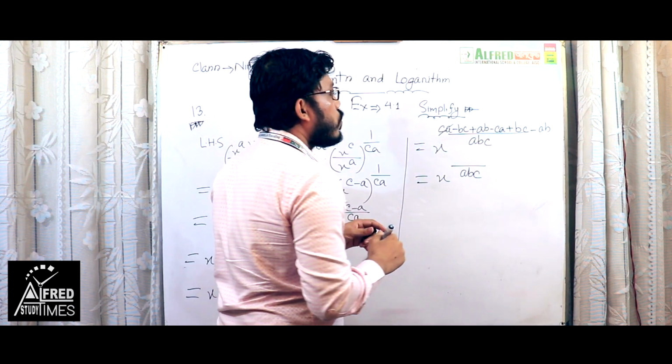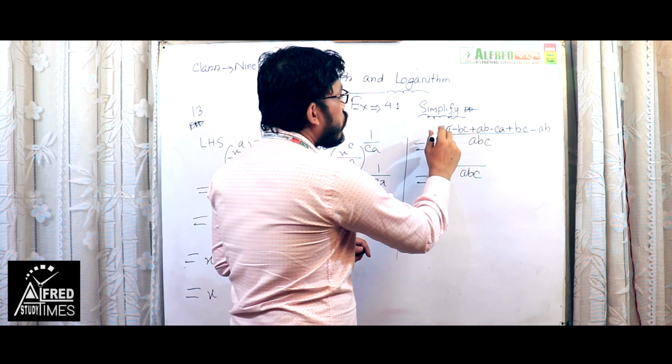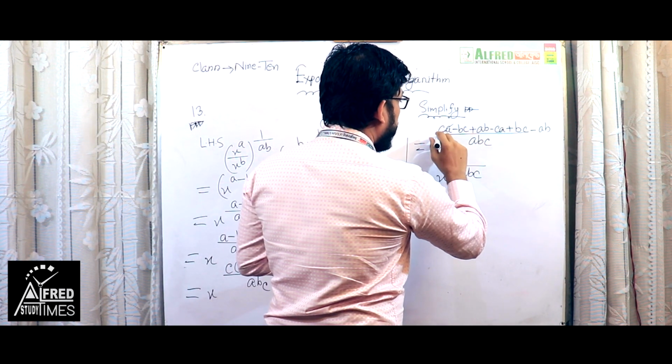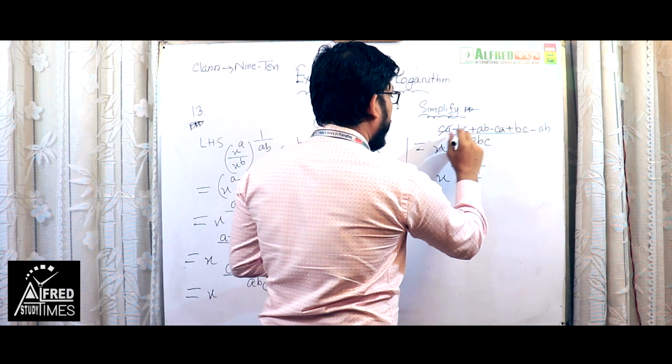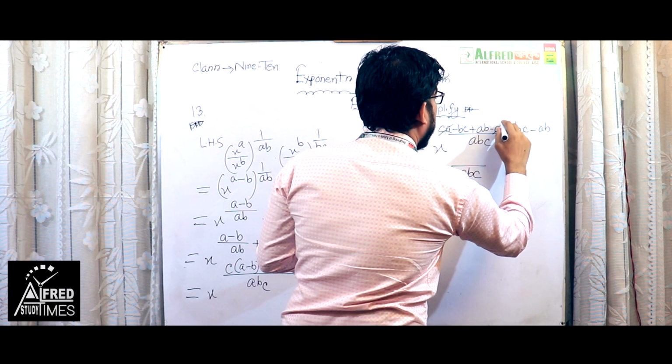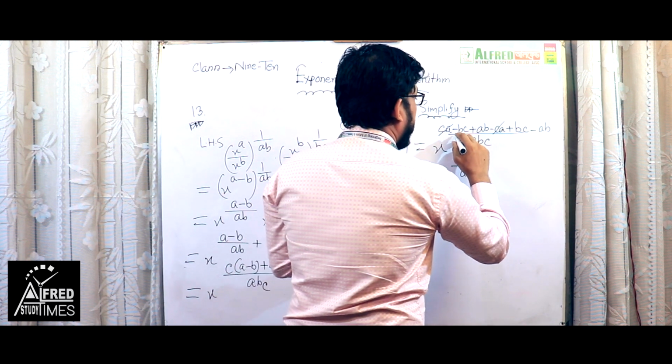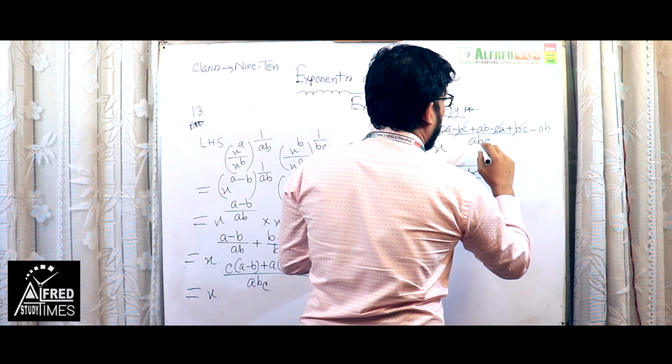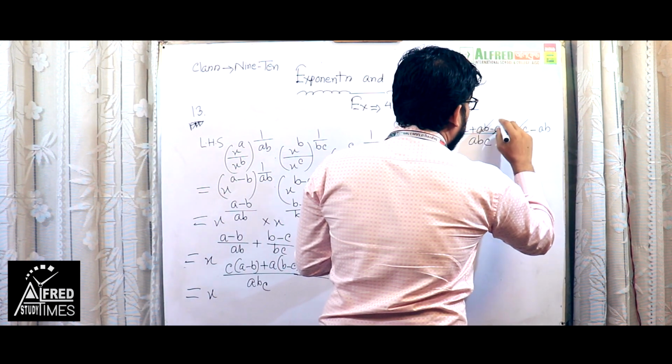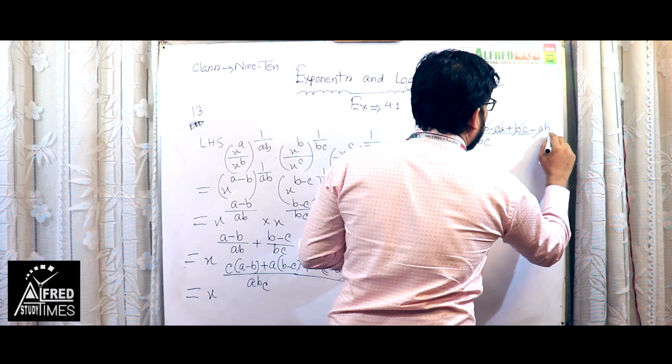So there are two same bases with opposite sign. For having two bases with opposite sign, plus CA with minus CA can be banished. Minus BC plus BC also be banished. Plus AB and minus AB also be banished.